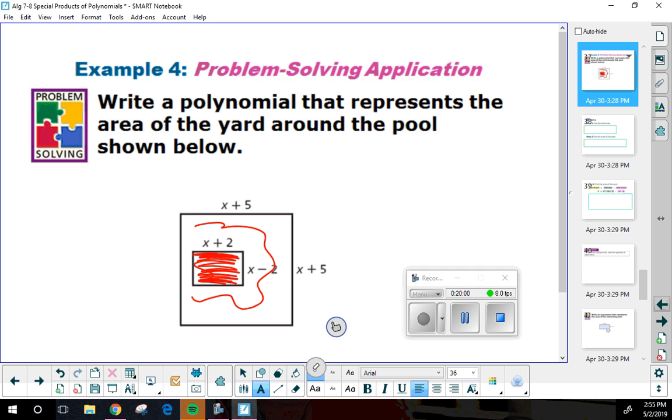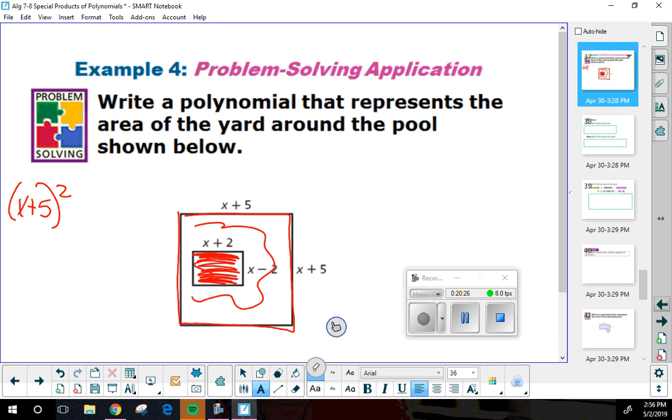Okay, and the reason I'm going over this is everybody did really good at those first two steps. It was the last step, subtracting, where fifth period hit some roadblocks. I want to make sure y'all don't do that. So the first thing we're going to do is find the area of this big yard right here, which is length times width, which is x plus 5 times x plus 5, which is x plus 5 squared.